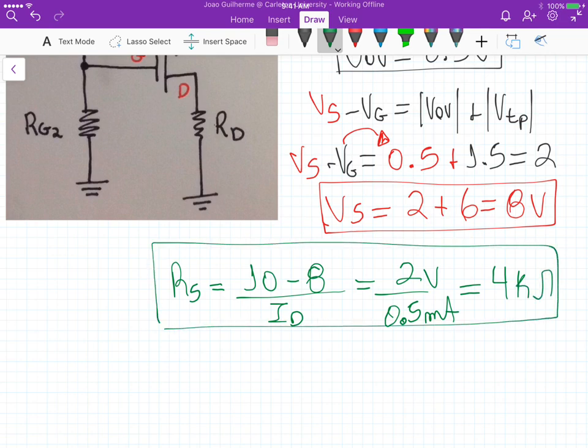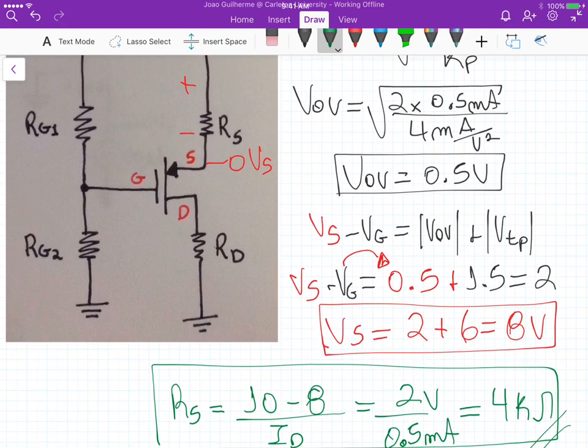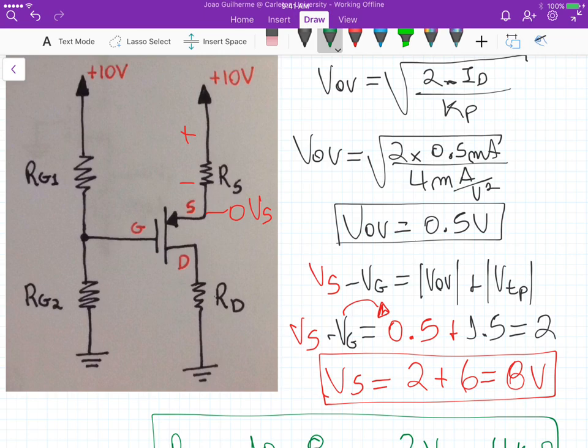And that's the final answer. So we got the values of the resistors here: RG1 is 6 megaohms. Sorry, it's not 6, it's 4 megaohms. RG2 is 6 megaohms. RS is 4k, and RD is 10k.